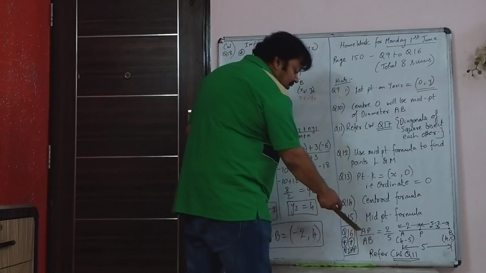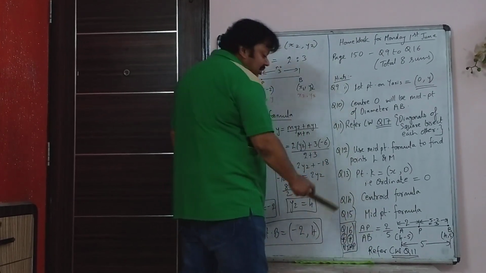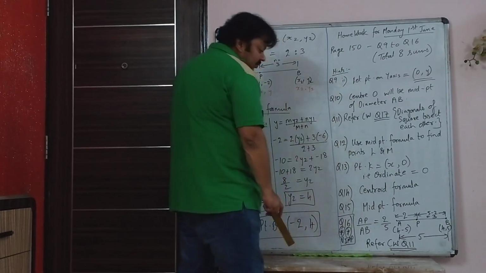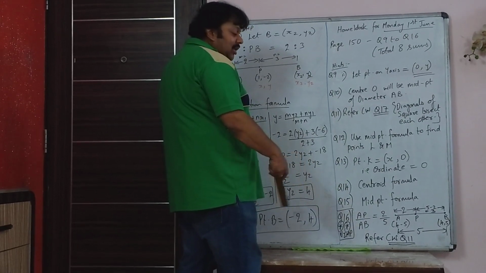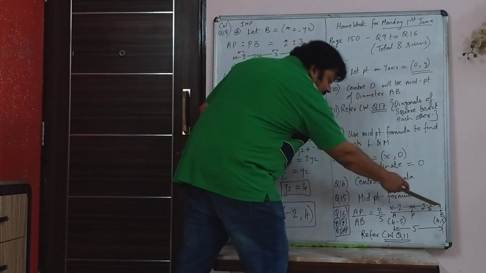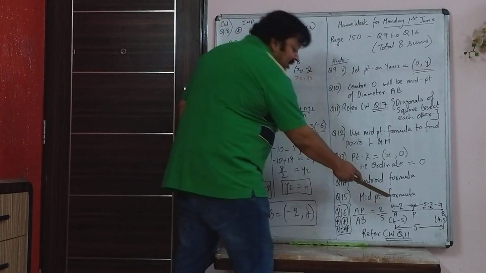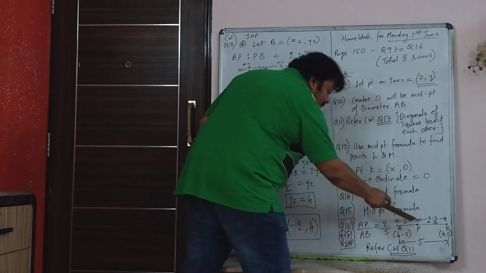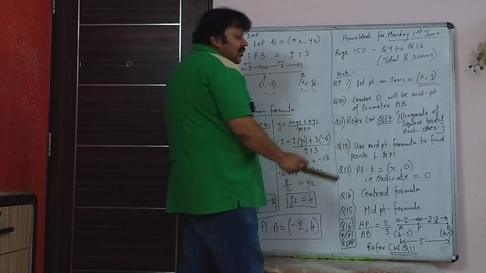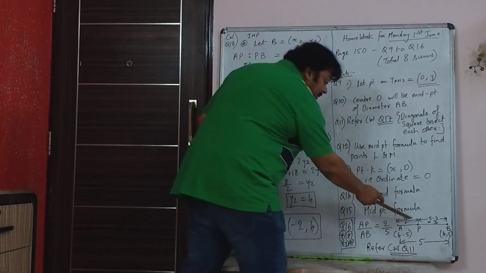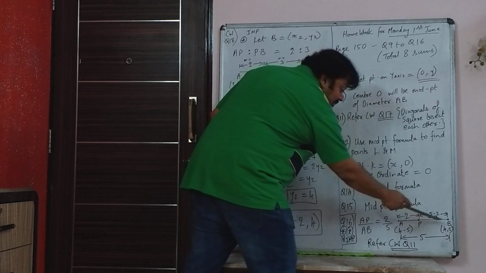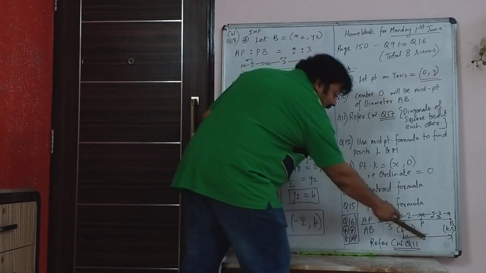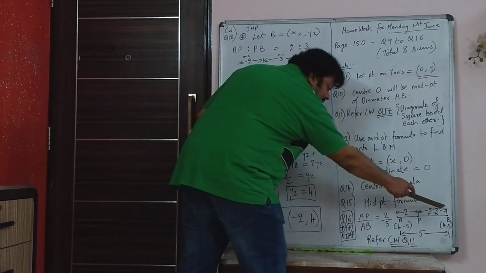In that question you are given AP is to AB is 2:5, and you have said P is a point on AB. So P is a point on AB says that AP is to the entire thing AB is 2:5. So the ratio is not 2:5, the ratio will be 2:3 because BP will be 5 minus 2, that is 3 parts.